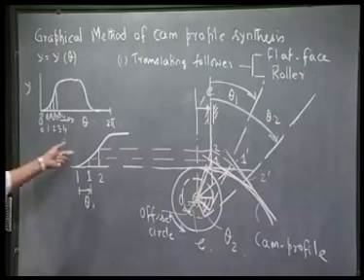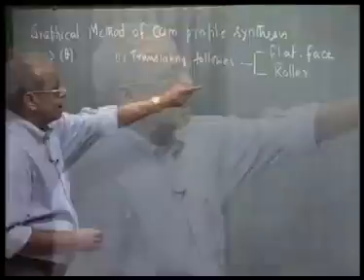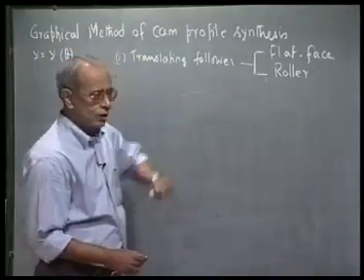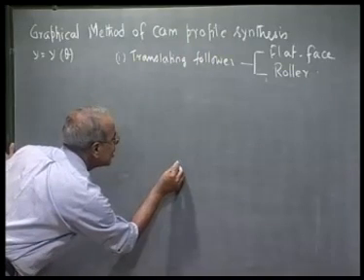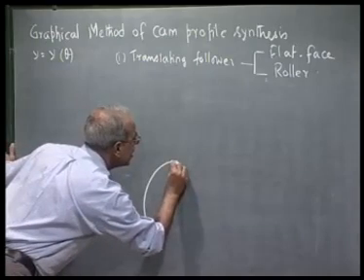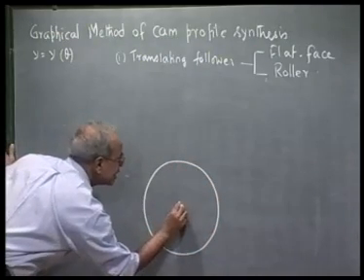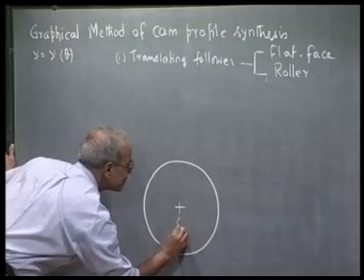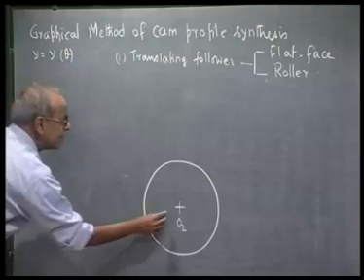Next, I will take up a roller follower, but translating. Let me now explain the graphical method for a translating roller follower. For the roller follower, first let me draw the prime circle. This is the cam center, O2, and this is the prime circle.